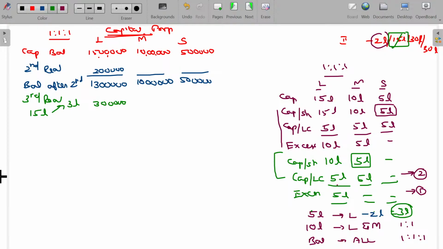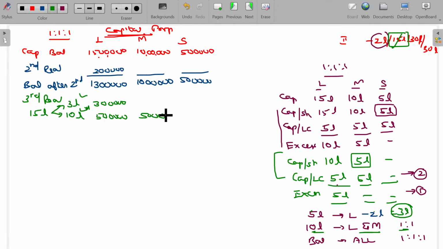So then L and M will have their capital ratio and P&L ratio being same. Thereafter, another 10 lakhs will be for L and M. L and M will share this equally, 5 lakhs for L and 5 lakhs for M.